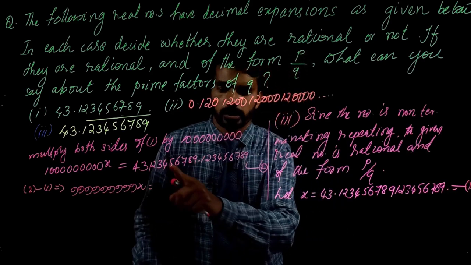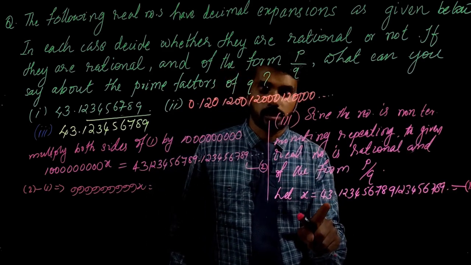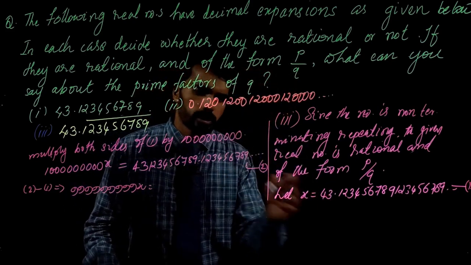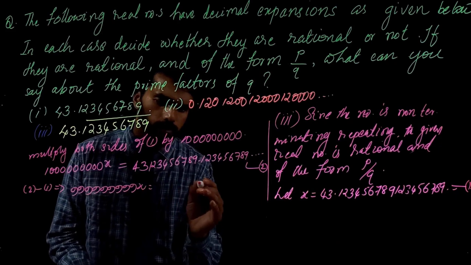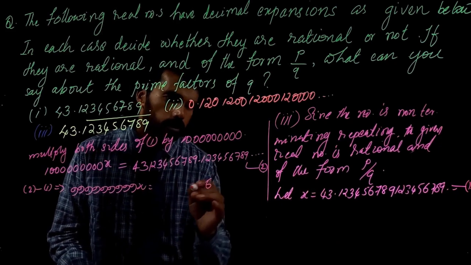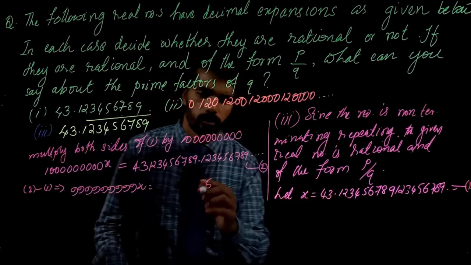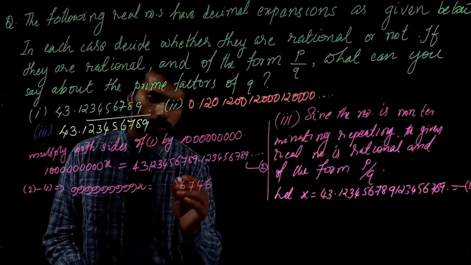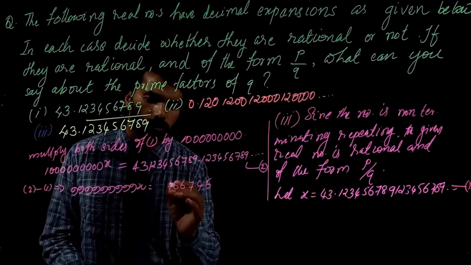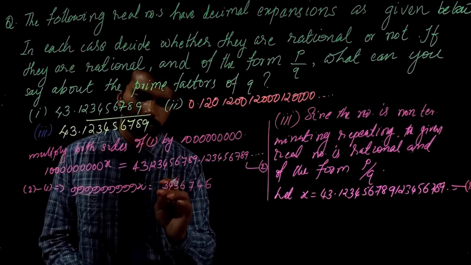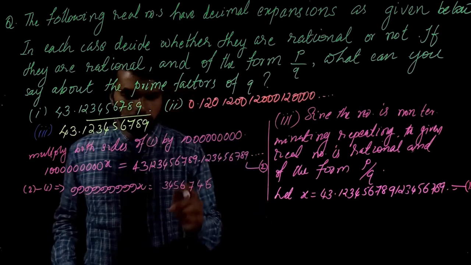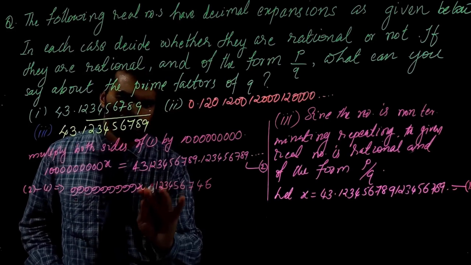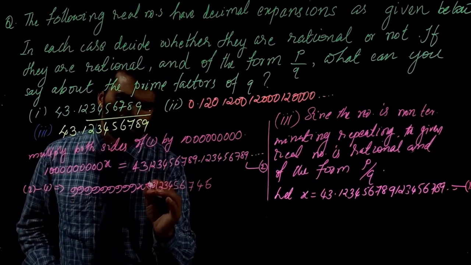Then from this number we have to subtract 43. So 9 minus 3 is 6, then 8 minus 4 is 4, then the rest are 7 6 5 4 3 2 1, and 43.